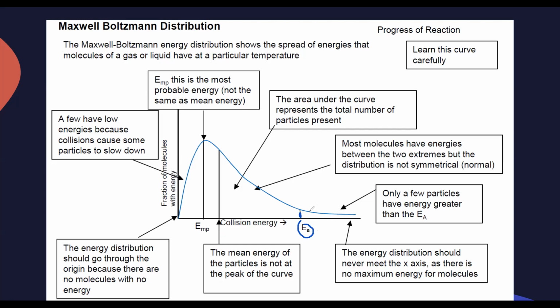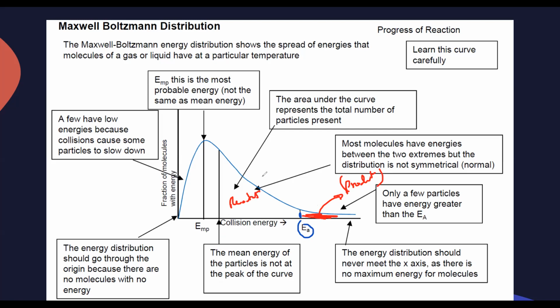So basically the particles after the activation energy will result in the formation of a product. But particles before that, because they have low energy, will remain as reactant, because activation energy is the minimum possible energy for the reaction to start. So the particles which have energy more than the activation energy will turn into a product.